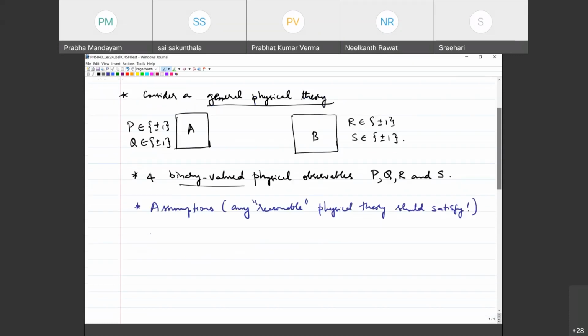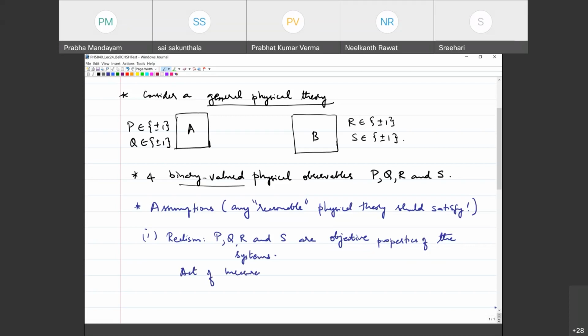The first one is what is called realism. So the idea is that P, Q, R, and S are objective properties of the system, and the act of measurement merely reveals their values, right?